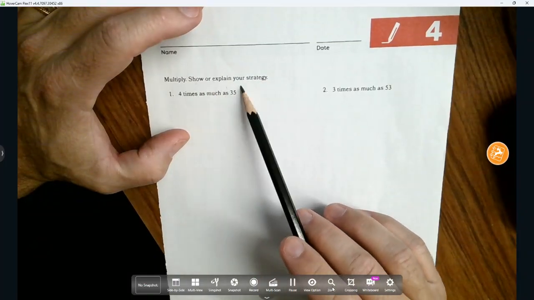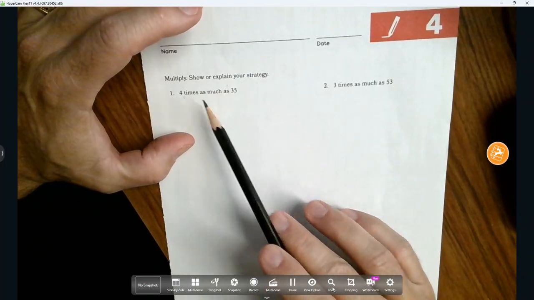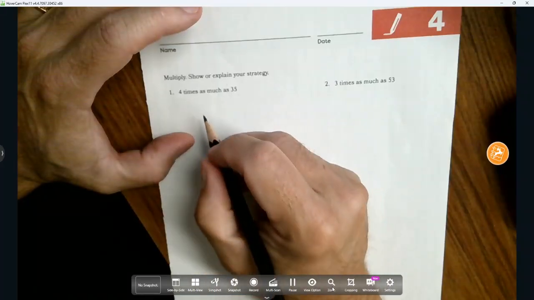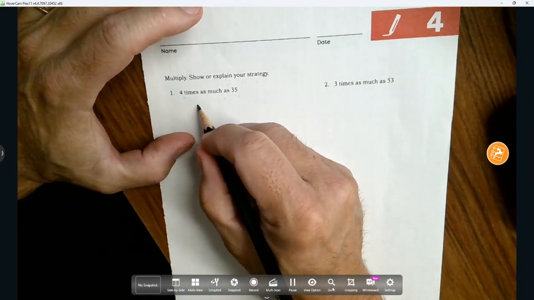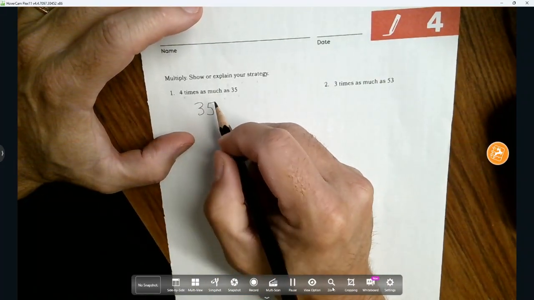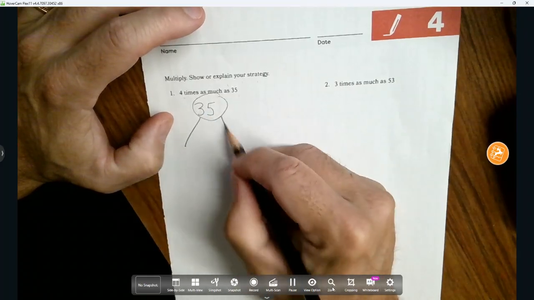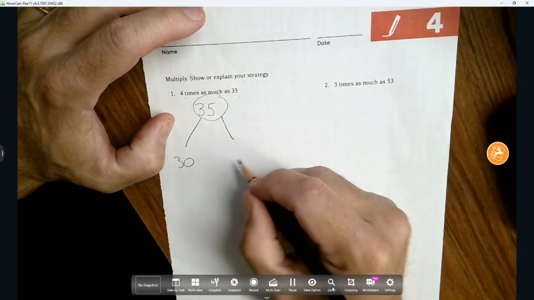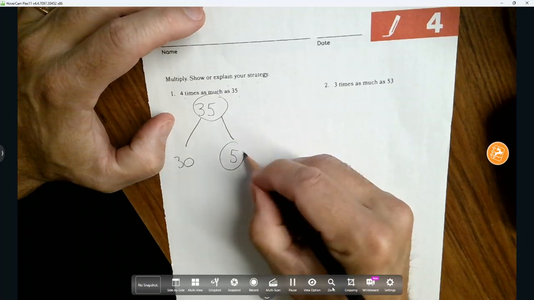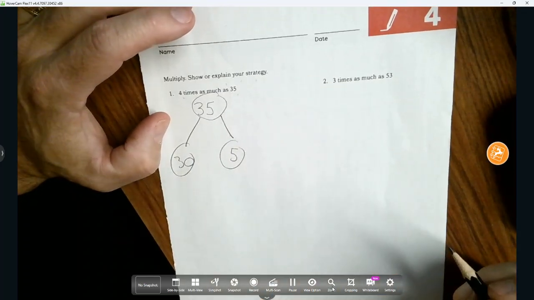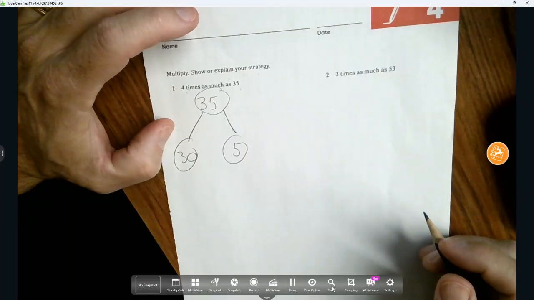Show or explain your strategy. All right, so we have 4 times as much as 35. We're going to break this down. So we have 30 and 5, right? That's how we get 35. So we need 4 times as much as 35.